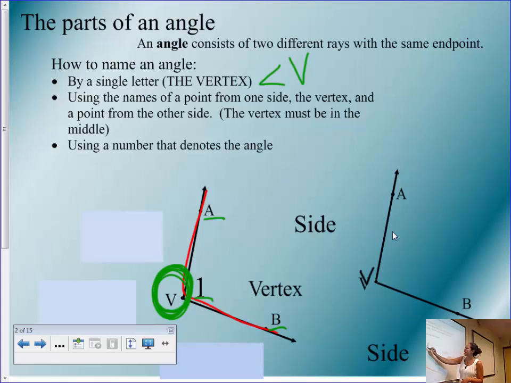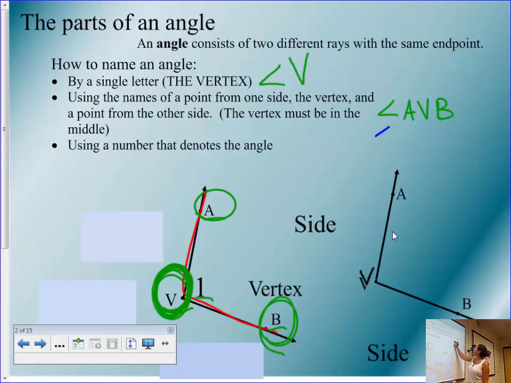The point from one side was A, the vertex V, the other side B. So I could say that this is angle AVB. You're more than welcome to go the other direction, angle BVA, but those are the only two ways that we can name this particular angle because V, the vertex, has to be the middle letter, okay?